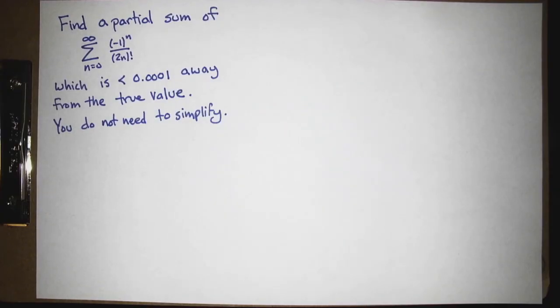Find a partial sum of the sum from n equals 0 to infinity of -1 to the n over 2n factorial, which is less than 0.0001 away from the true value. Now, this will converge, alternating series, and we're dividing by something which gets big. So we know it converges. Say we just want to get an approximate value. How far do I have to add to get something which converges?